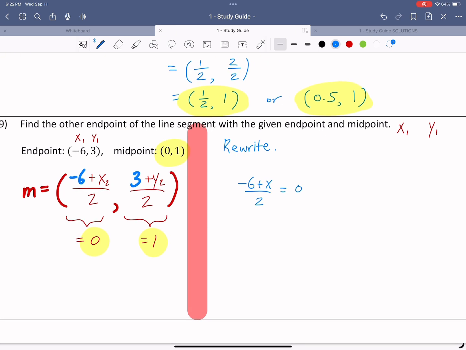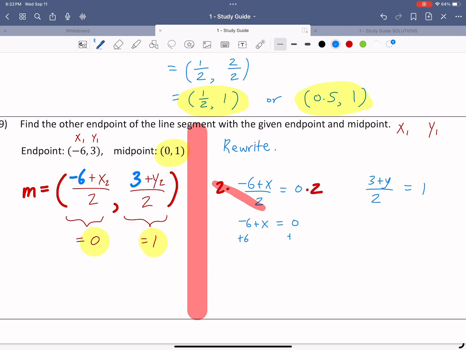And then let's write 3 plus y2, let's just call it y, divided by 2 equal to 1. And here is how it's going to help us out. Let's cross multiply. Multiply by 2, multiply by 2. What that's going to help us do is these are going to cross out. And then that's going to give us -6 plus x equals 0 times 2, which is just 0.